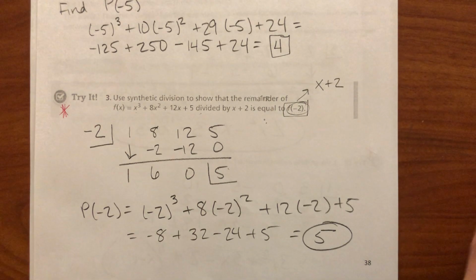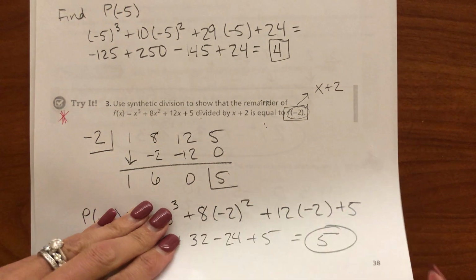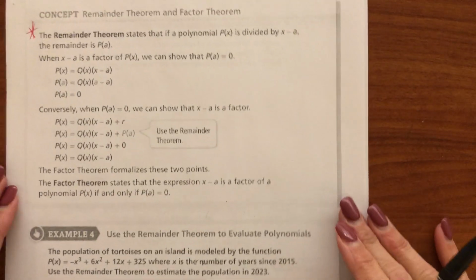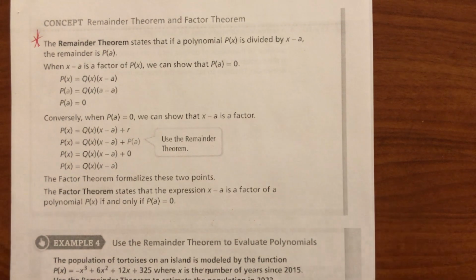So the pattern of this working every time helps us come to our theorem. And the theorem is called the remainder theorem. So go ahead and turn the page here, go to page 39, and let's look at this remainder theorem.